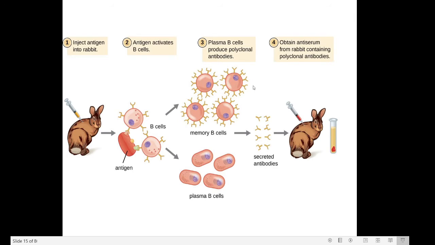Here you can see these B cells having the triangle-shaped receptors. After the experiment we can collect all kinds of monoclonal antibodies, the secretion of the antibodies, then inject them again into the human.